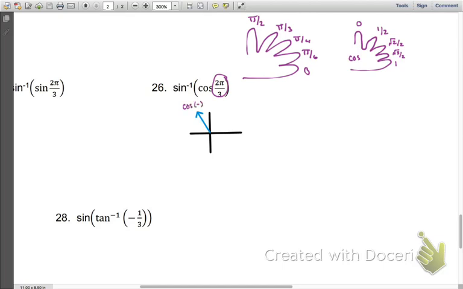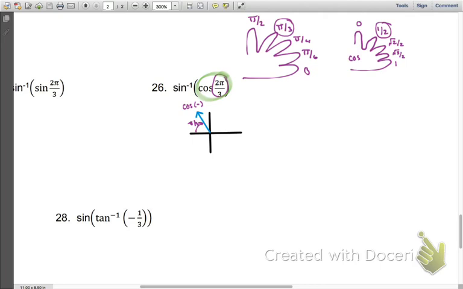So what spot is it? Pi over 3 is the same thing as pi over 3, right? Does that make sense? Because it comes back pi over 3 from the x-axis, but it's going to be negative, so it's at 1/2, but it's going to be a negative 1/2. Does that make sense? Okay.